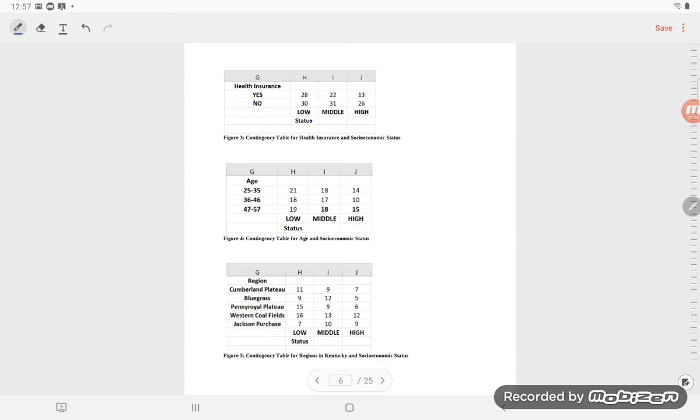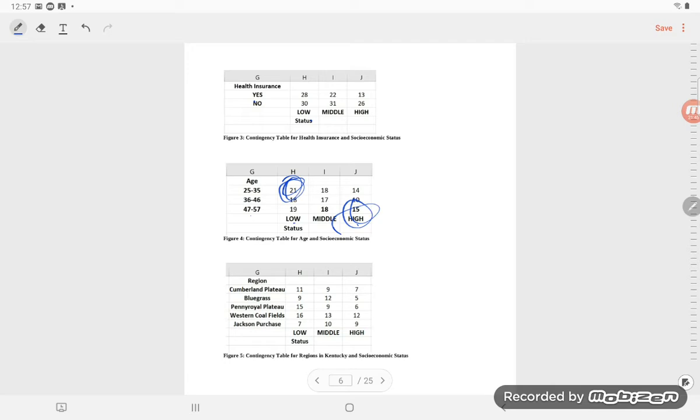I would expect to probably see something there. Now, again, they're just making up their numbers, but I would expect to see lower status for younger ages. So I would expect to see a bigger count up here, and then higher economic status for higher ages and a big count down here.